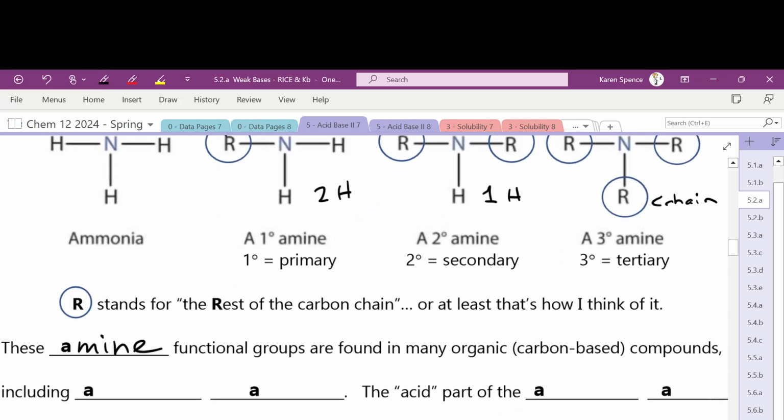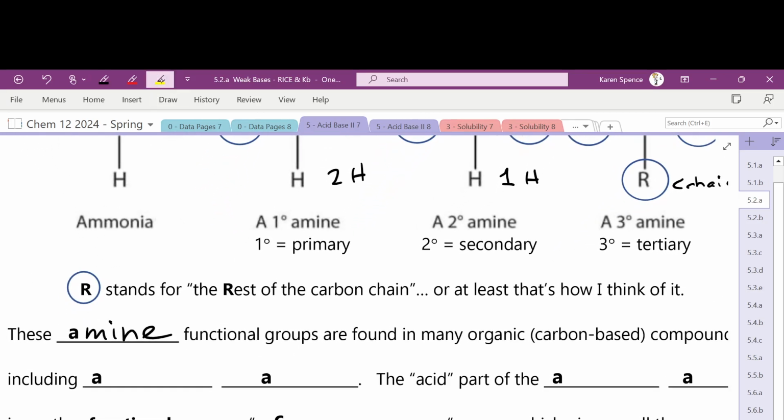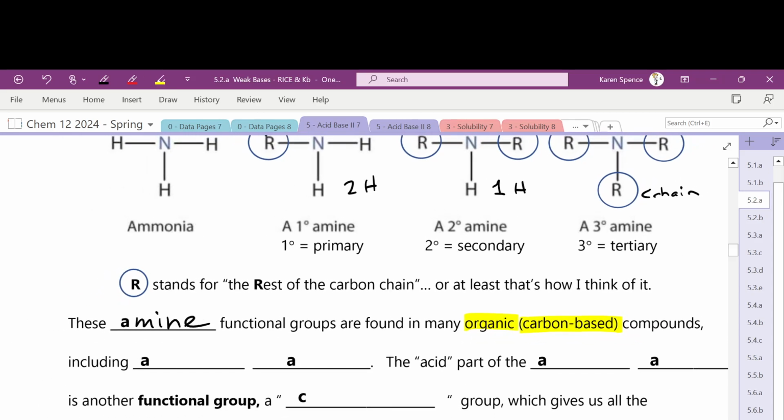Now, what does organic mean in the context of chemistry? It means carbon-based, based on the carbon chain. Can you guess from biology a thing that starts with A and then another A that contain amine functional groups? Amino acids, yes.